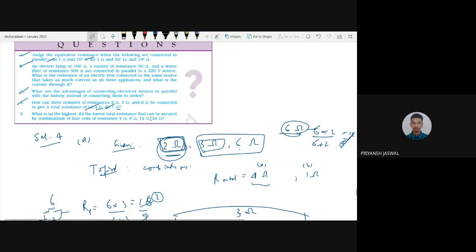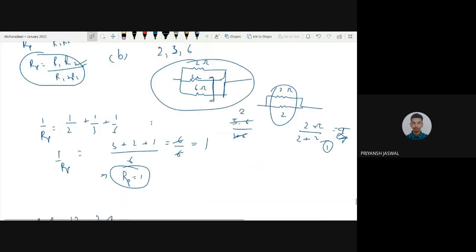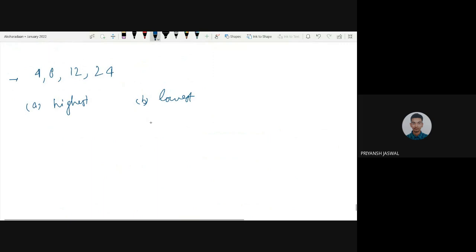Yeah. So the highest resistance can be created by connecting all of them in series, because it adds up the values. So the greater the value of the resistance, the greater its contribution in series. Just add these. It gives 12, 12, 24, 48.